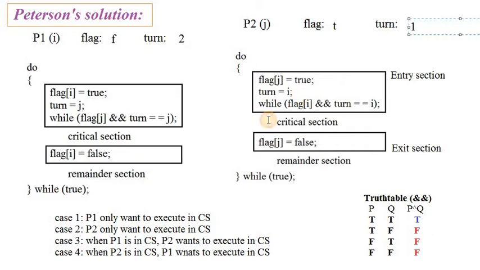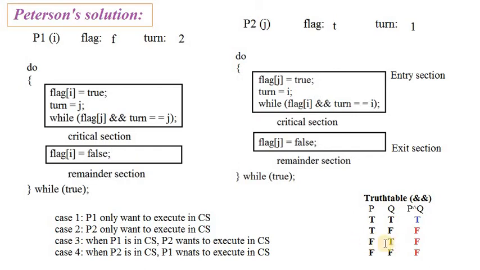Then while flag of I and turn is equals to I. Flag of I. What is the value of the flag bit here? That is false. So the first condition is failed, and turn is equals to I. So is turn equal to 1 or not? Yes. The second condition is true and the first condition is false. So when there is an AND operator between those two conditions, let us check the truth table.